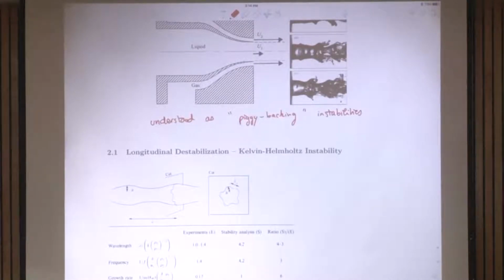Piggybacking instabilities meaning that we can explain most of what's happening here by just thinking about a Kelvin-Helmholtz wave. We've talked about this first tendency of the jet to undergo Kelvin-Helmholtz that feeds into a Rayleigh-Taylor wave that feeds into a Rayleigh-Plateau wave. And there's those absolutely beautiful images.